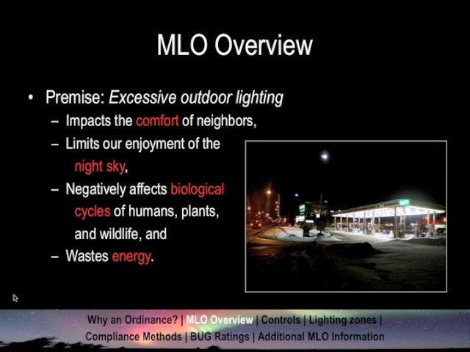So briefly, the whole premise of the MLO is that they really want to reduce the impact of excessive outdoor lighting. It's not necessarily good design, but it's for the excessive use to try and minimize the impact. And many times the MLO will make reference to the night sky. How can you see the night sky?